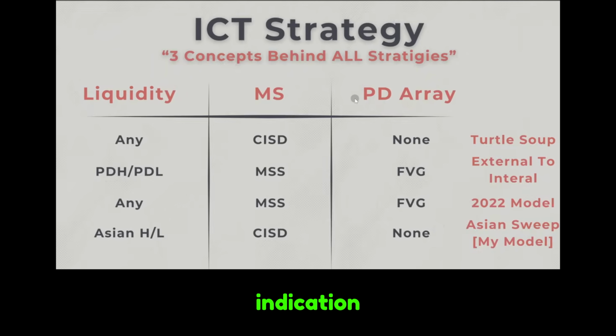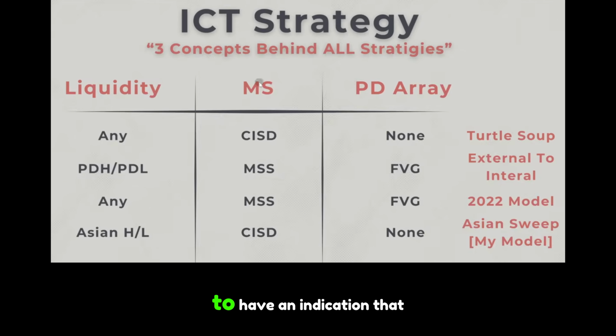That's going to give us an indication that the market is switching direction, that okay, we are actually flipping now. It's a market structure shift. So we're looking for a market structure shift in order to have an indication that okay, we might be going internal now. And what PD array we're using, we could use a fair value gap. So that's what the external to internal setup is.